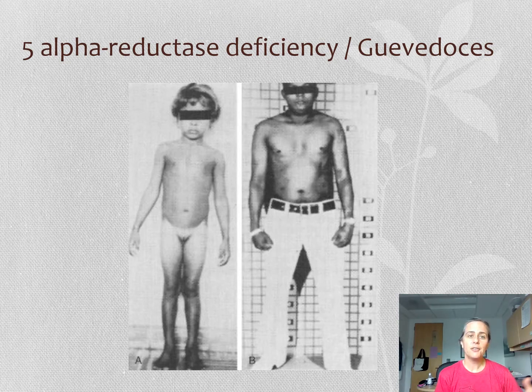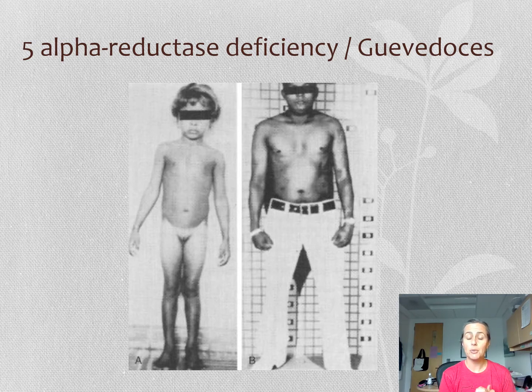So 5-alpha reductase deficiency is a condition that can develop in some people who are XY, but they don't have this enzyme to convert testosterone into super testosterone, which is what's needed in the genitalia. So what happens is they're XY, so they develop testes, they make MIS, and they make testosterone.